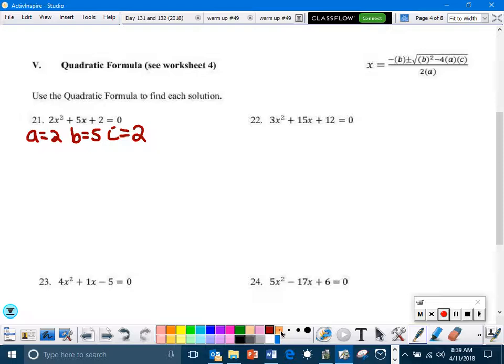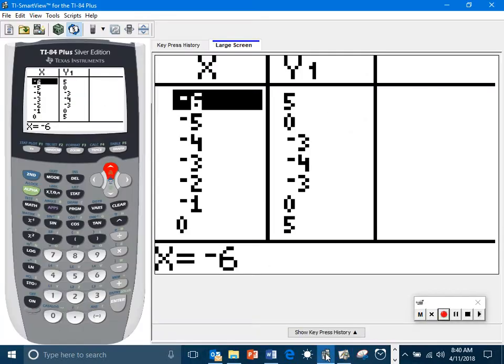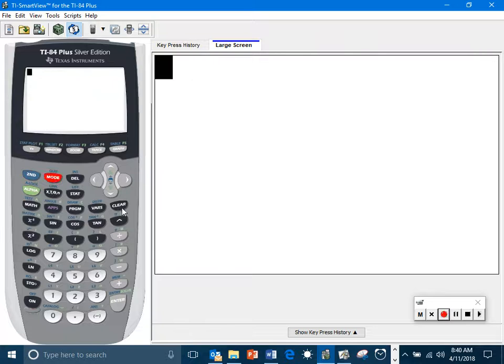Plug your numbers in. Then type only the inside of the square root into your calculator. Only the inside, do not use the square root yet.